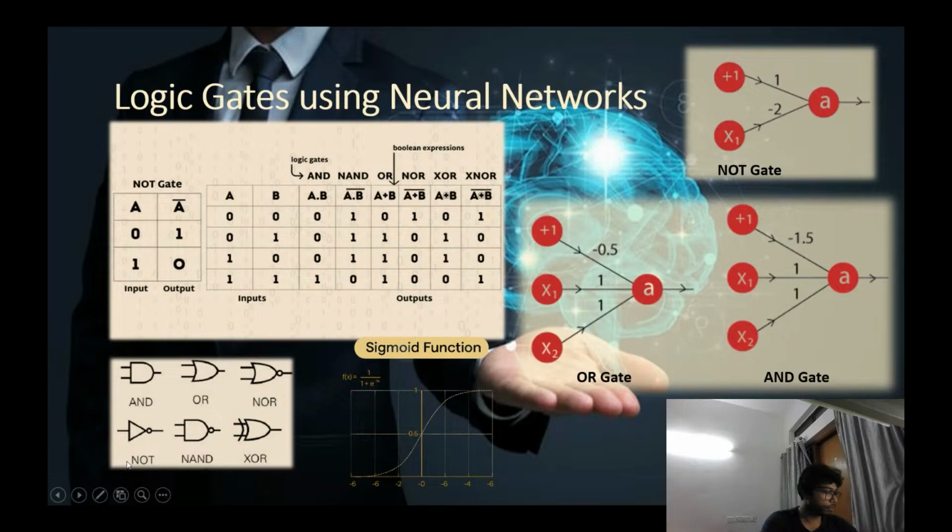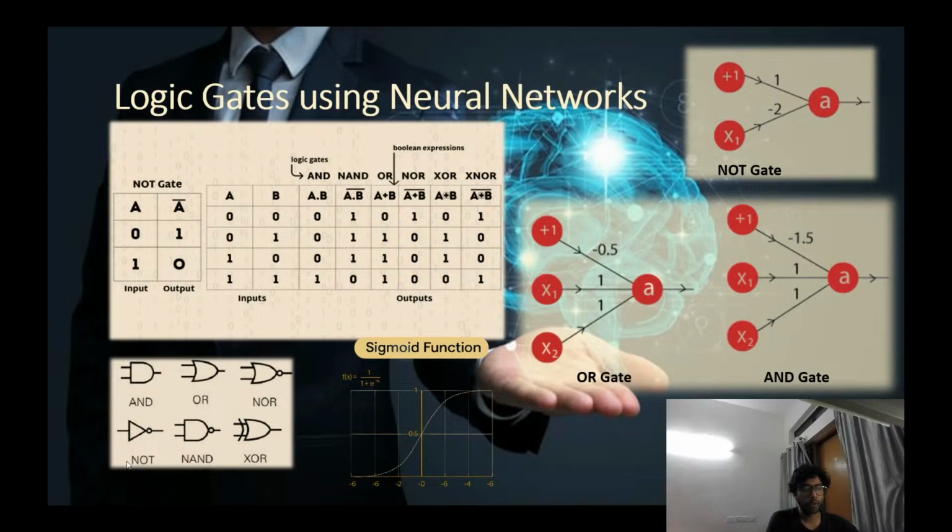So we will see another interesting application of this perceptron model. After that, we'll add more layers and look into the full-fledged neural network model. But before going into the whole neural network model, we'll see how we can build logic gates using simple perceptrons and maybe a collection of perceptrons.